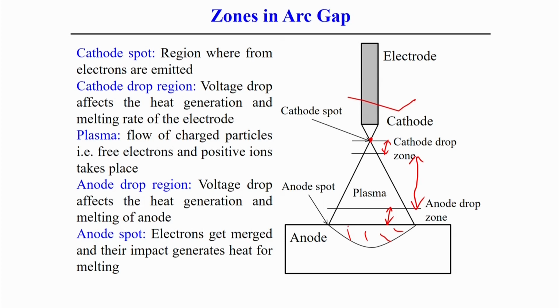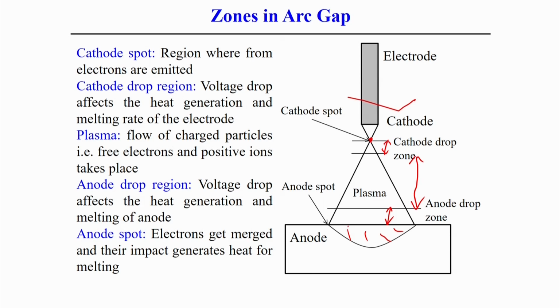For a non-consumable electrode, the cathode drop zone decides the temperature, but the melting of the electrode is not important here. We do not intend to melt the electrode.